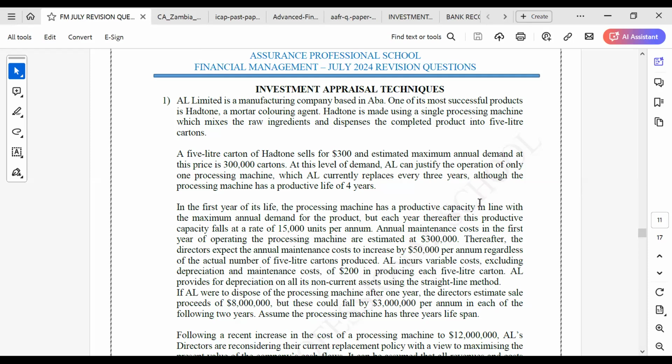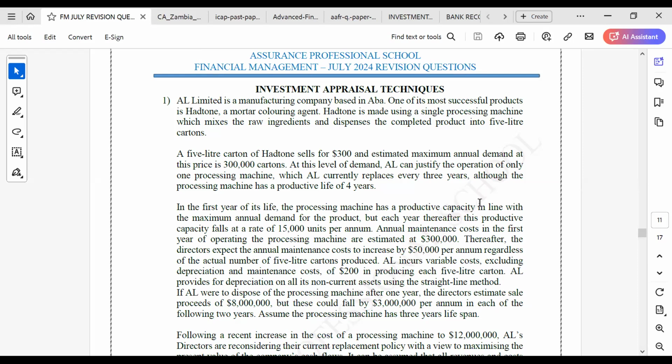AL Limited is a manufacturing company based in Aba. One of its most successful products is Hardtone, a mortar coloring agent. Hardtone is made using a single processing machine which mixes the raw ingredients and dispenses the completed product into 5-liter cartons.